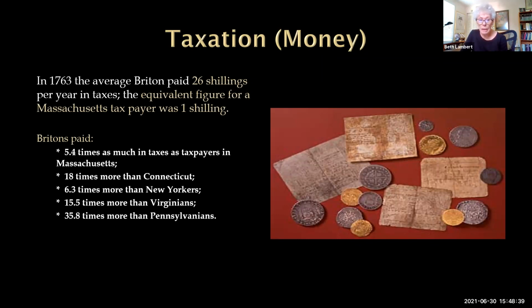Britons paid 5.4 times as much as taxpayers in Massachusetts, 18 more times than Connecticut, 6.3 times more than New Yorkers, 15.5 times more than Virginians, and 35.8 times more than Pennsylvanians paid in taxes. So you can see that the English had very little sympathy when the Americans said that they did not want to be taxed.